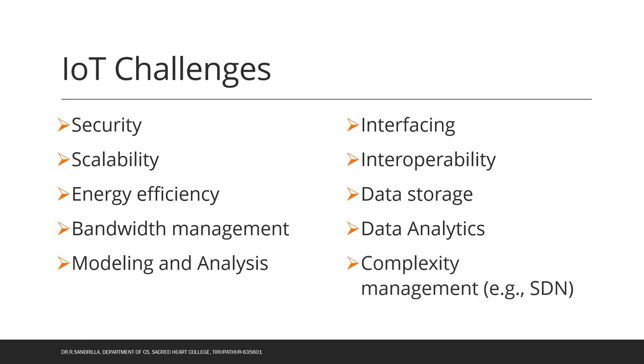So the final one is complexity management. Complexity is how difficult it is to use. So this also needs some thoughtful consideration of legal issues concerning Internet of Things devices, which extend to potential violations of civil rights because of law enforcement surveillance.